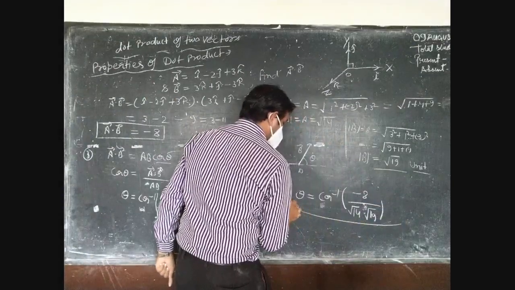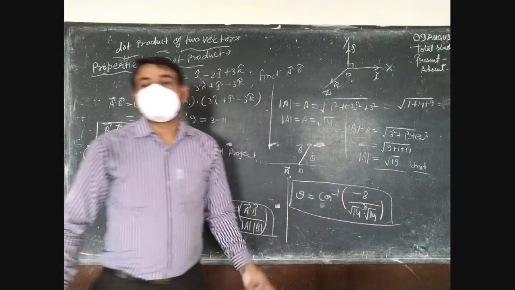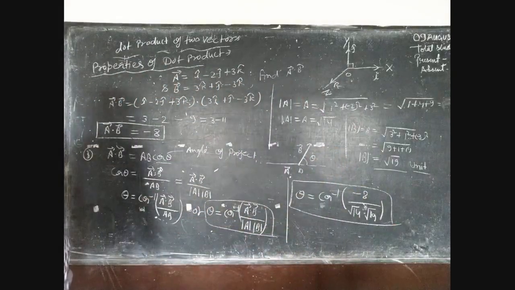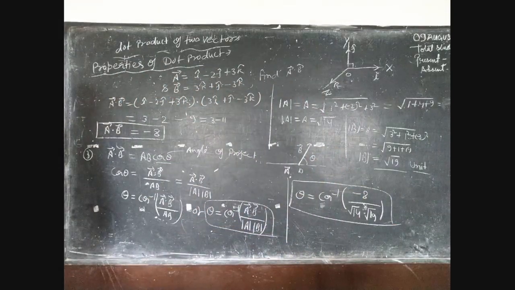If possible, then solve, otherwise leave it like that. Okay, so this is all about the dot product between the two vectors.